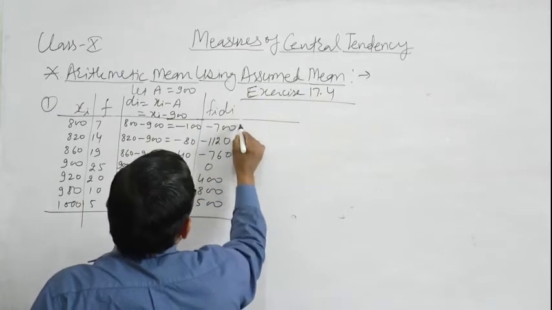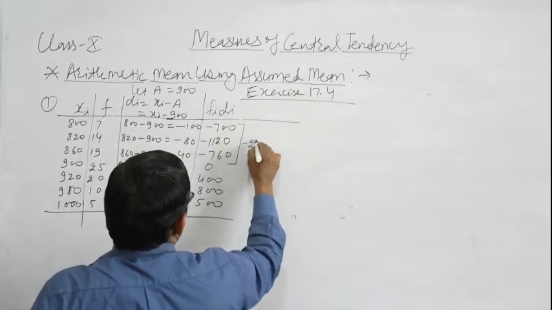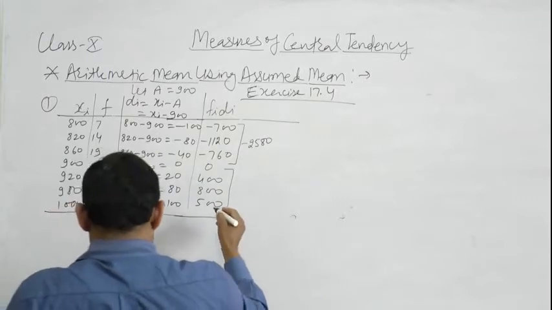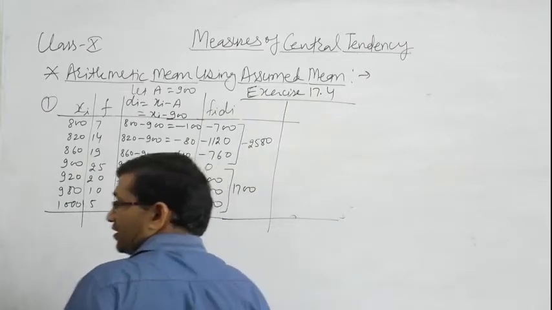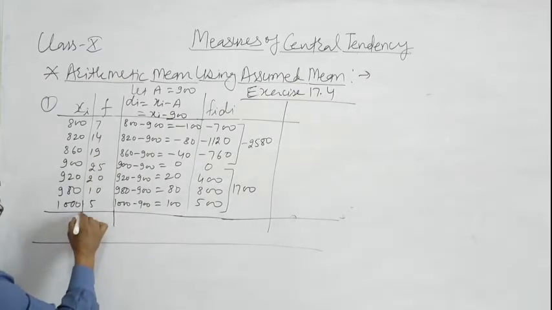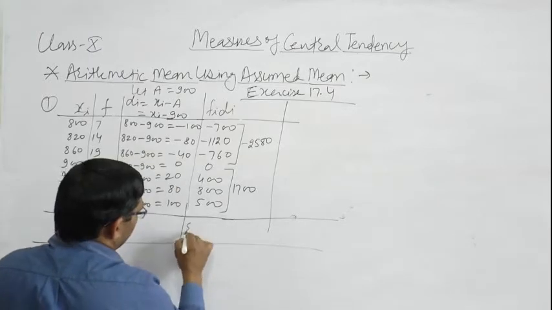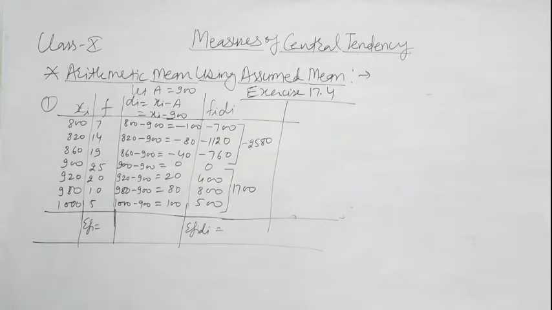Okay, now sum of negative values. Sum of negative values is minus 2580 and sum of positive values is 1700. Then sigma fi and sigma fi di. Here sigma fi is 100.